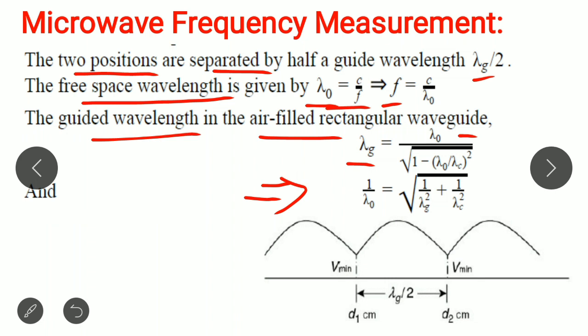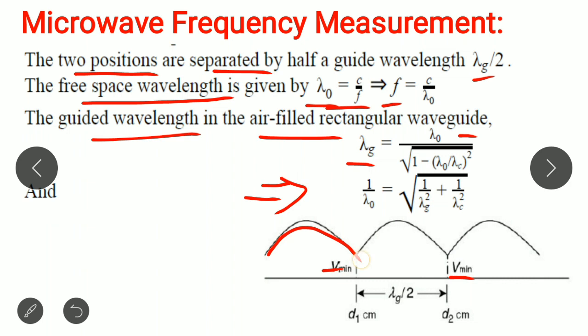Now the slotted line section is used to measure the two null points, where V minimum is 0 or minimum.